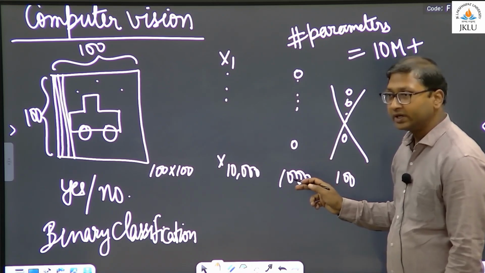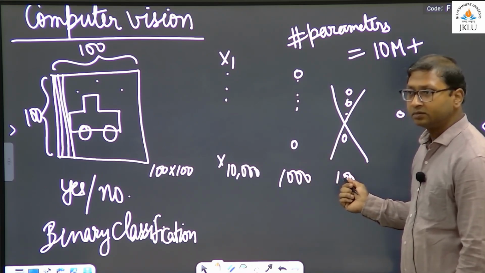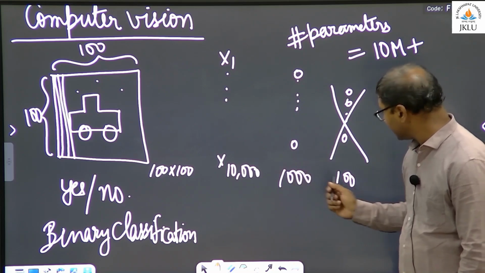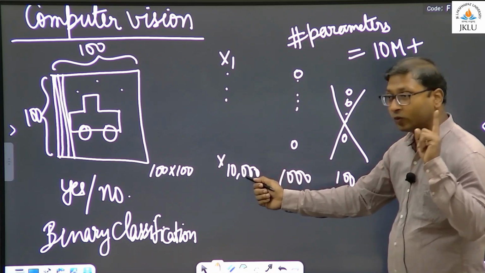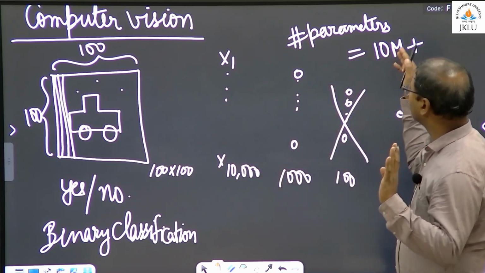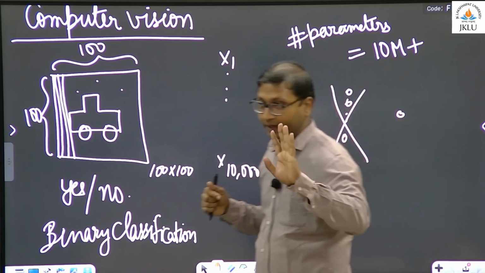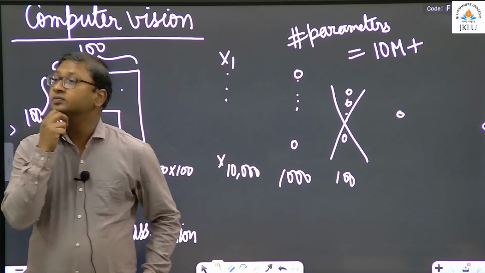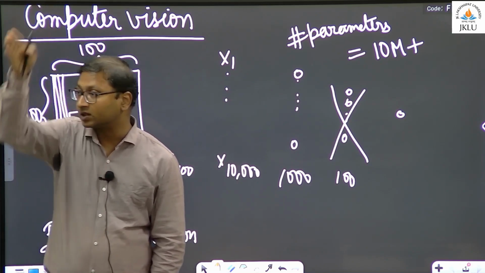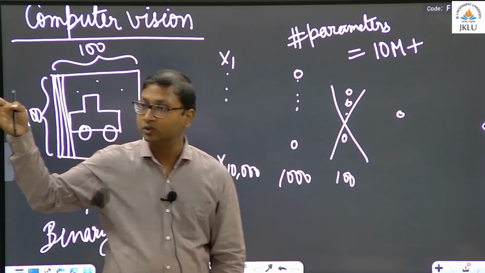Get rid of 1000 and I keep 100. Even in that case you will still have 1 million parameters. So you have decreased it by 1 order of magnitude, but do you expect it to do that well now? Directly from 10,000 you are compressing it to 100.